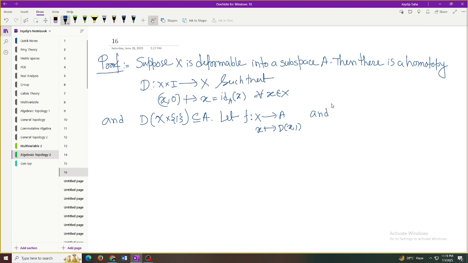f1: X to X, f1 equals i composed with f.